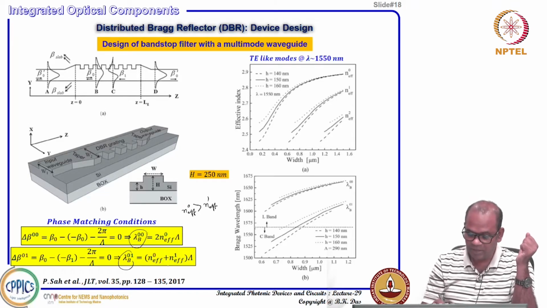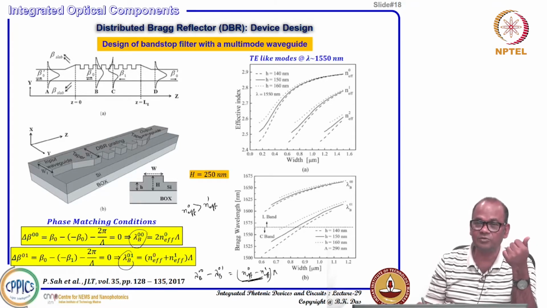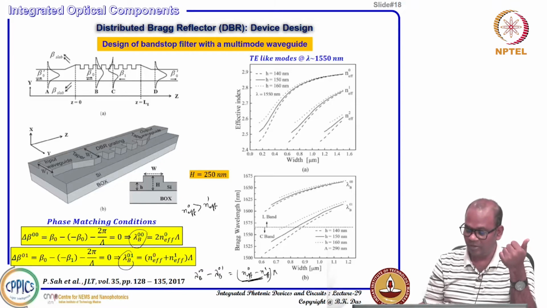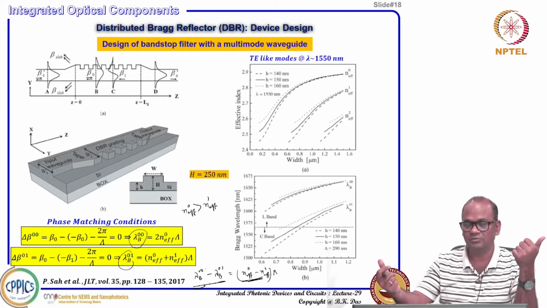So that means lambda B 0 0 is greater than lambda B 0 1. If you subtract that, you get n effective 0 minus n effective 1 times lambda. So the difference between the effective indices of the fundamental mode and the first order mode defines how much the stop band separation will be.